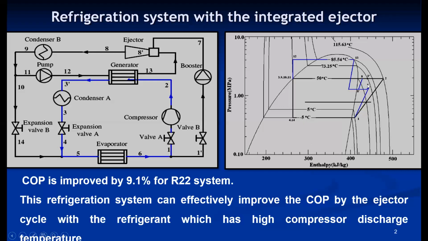So this is the vapor compression cycle, and the ejector refrigeration system is cascaded to this cycle. From the evaporator, part of the refrigerant is used in the vapor compression cycle, and part of the refrigerant is extracted for the ejector refrigeration system. It is extracted at point number 6. So 1 to 7 is compression in the booster.